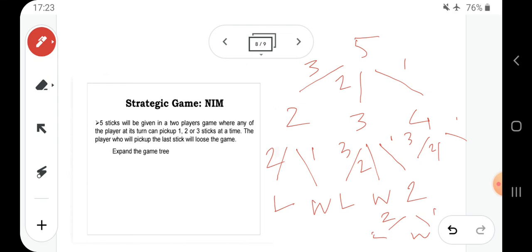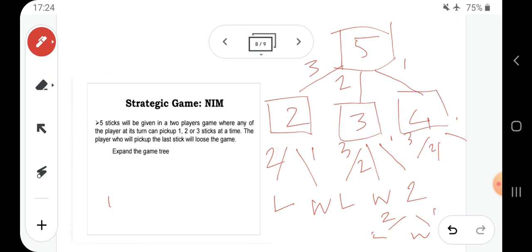Now it doesn't say which will be the maximizing player and which will be the minimizing player. So this is the root condition. For the first level, if you find it's a maximizing player, you can mark the values like this, or if you think it's a minimizing player, then you can mark the values like this.